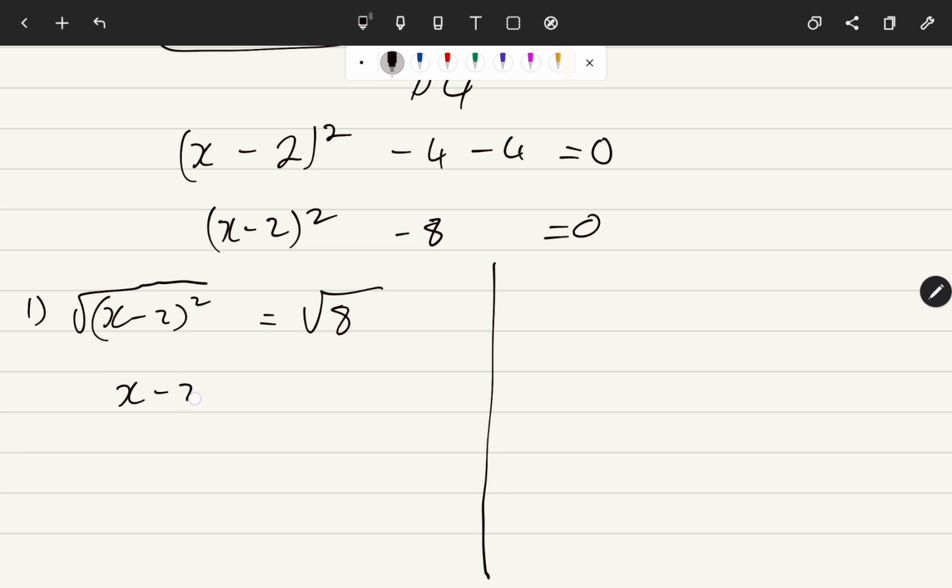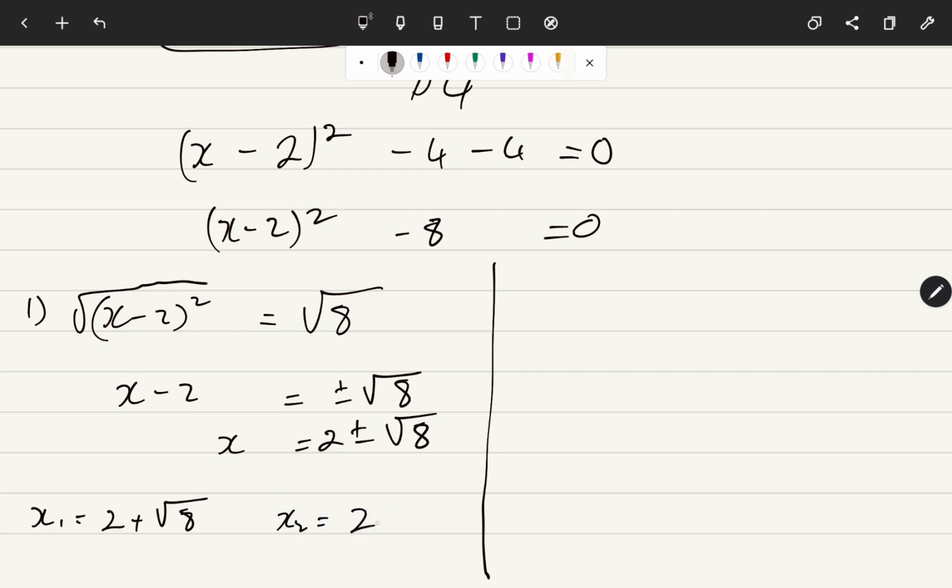Then you have x minus 2 equals plus or minus square root of 8. Now you have x is equal to 2 plus or minus square root of 8. Now you have your answer. Of course, your answer is x1 equals 2 plus square root of 8, and x2 equals 2 minus square root of 8. So that is what this plus or minus actually means.